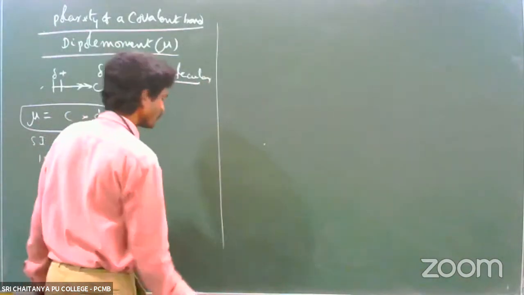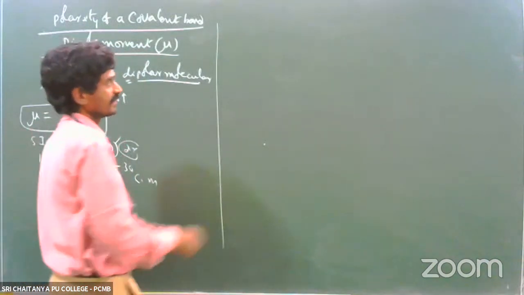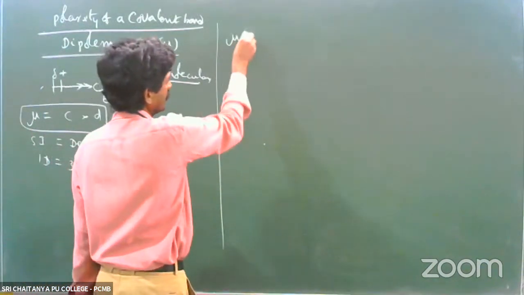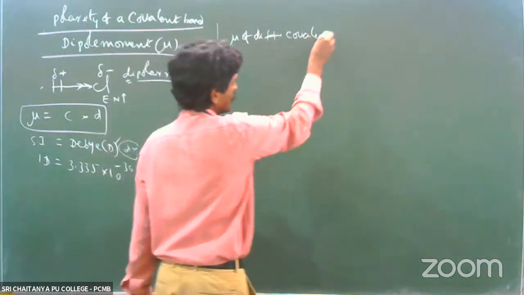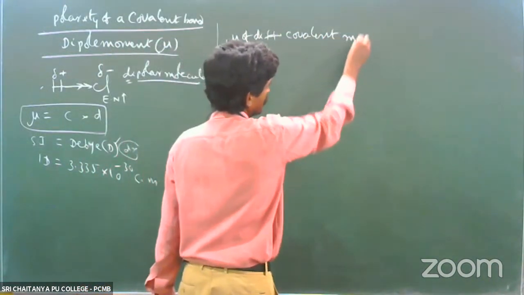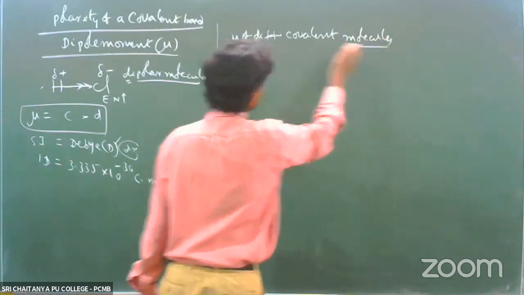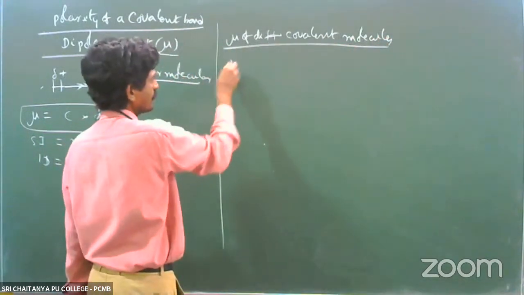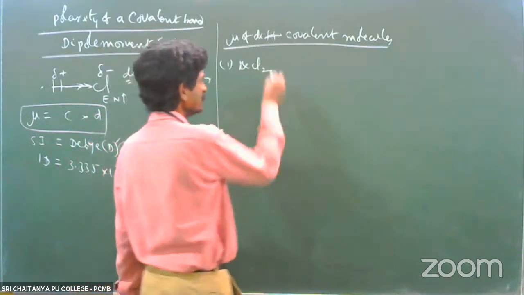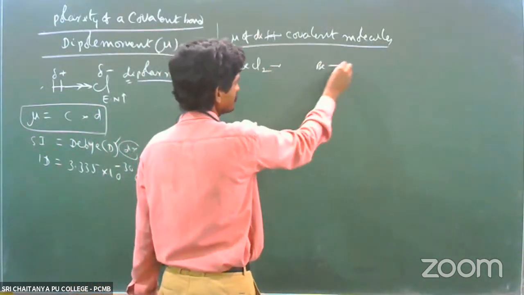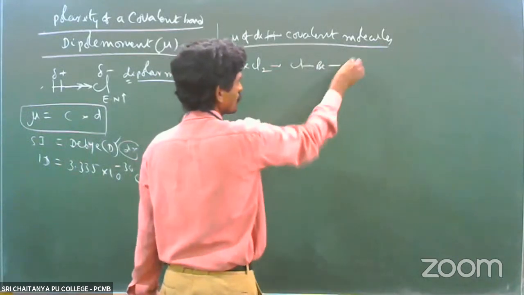Now, how can you find the dipole moment of different covalent molecules? For example, beryllium chloride, BeCl2. Here, the central atom beryllium is bonded with two chlorine atoms.